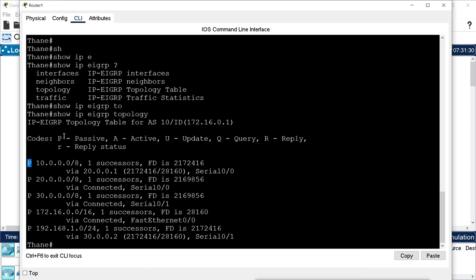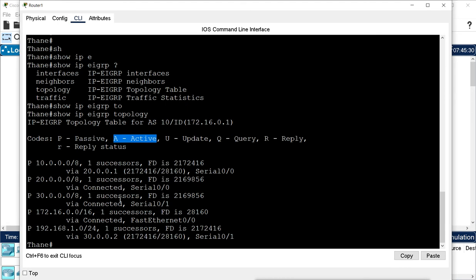Now this P means what? It is passive. Passive means all the routes we have right now in the topology table are calculated. There is no route which is still in active state, that it is still working on. It has already calculated all these routes, because our network is very small, so the calculation is very fast.